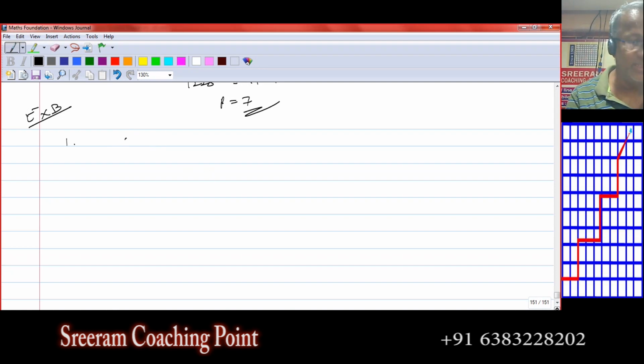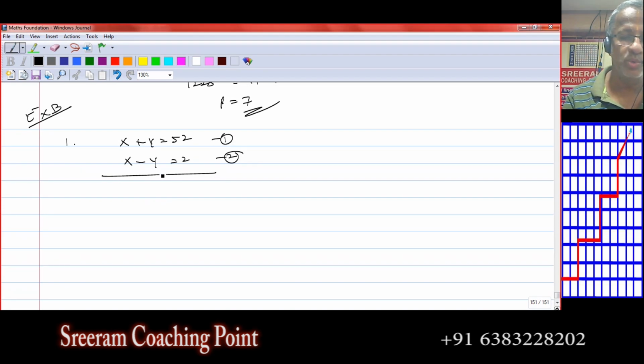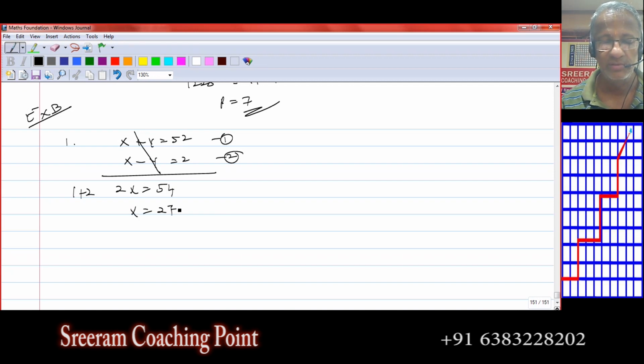So sum is x plus y equal to 52, x minus y equal to 2. So this is equation number 1, this is equation number 2. 1 plus 2: 2x equal to 54, x equal to 27. So this is equation number 3.